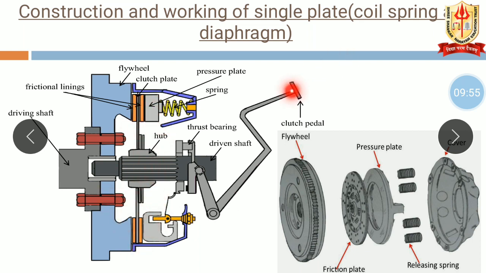When pressure is applied, it gets disengaged, and the rotation is not transferred to this shaft. When we release this pressure, the spring retracts to its original position and engages, the whole assembly becomes a single unit, and the rotation is transmitted to this shaft.